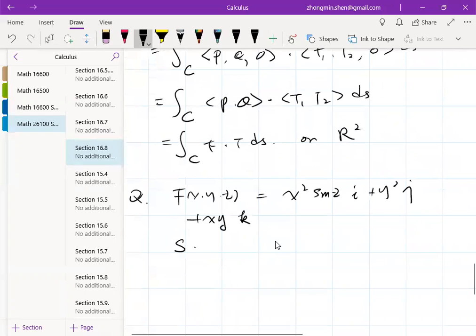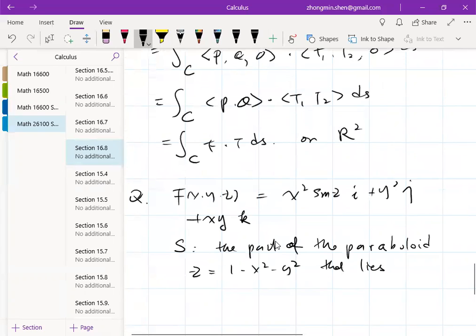And S is the part of the paraboloid z equals 1 minus x squared minus y squared that lies above the xy plane, oriented upward.